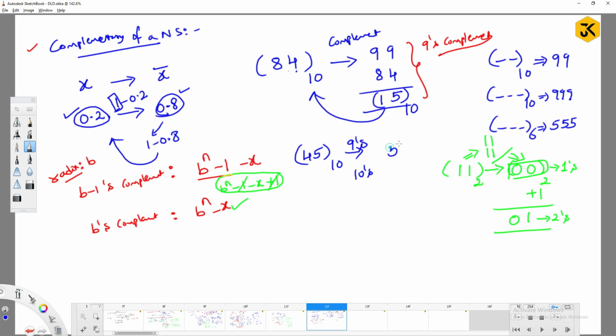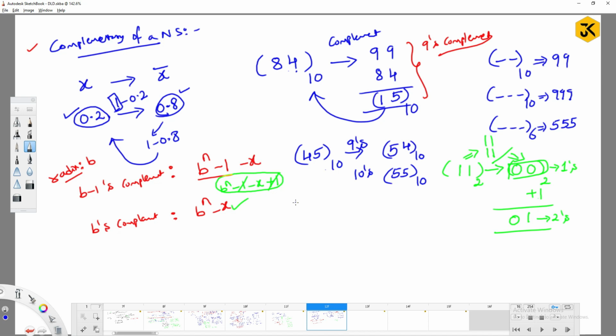Simply subtract it from 99. 54. So just try to go with the procedure first. Next, what is the 10's complement of 45? 9's complement plus 1, so 55 base 10. Okay, so try to solve this.